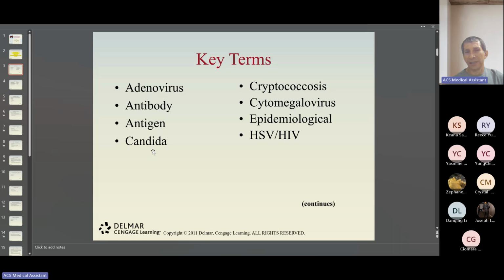Candidiasis is a fungal infection. Females develop this very often. This is called a yeast infection. That's the same one. So it is a fungal infection. You have to use an antifungal medication. And once again, hepatitis B. Herpes, remember?